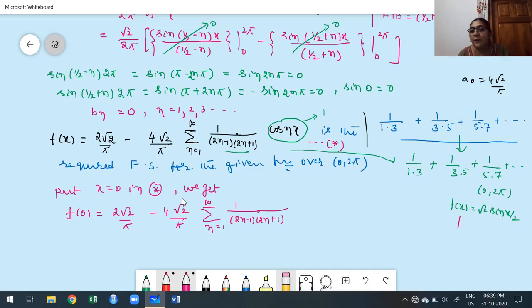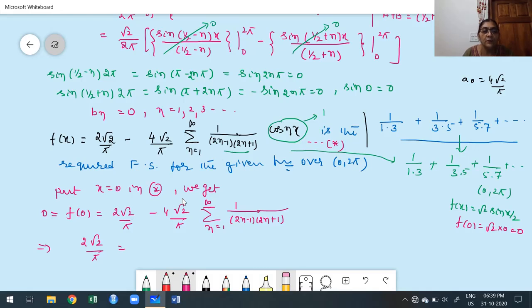Now what is my f of 0? Root 2 into sine 0. What is sine 0? 0. Therefore f of 0 is 0. So this is 0. What I'm going to do, I'll take this negative term to the left hand side. What we get, 2 root 2 divided by pi. Either you write LHS first, RHS second, it does not matter.